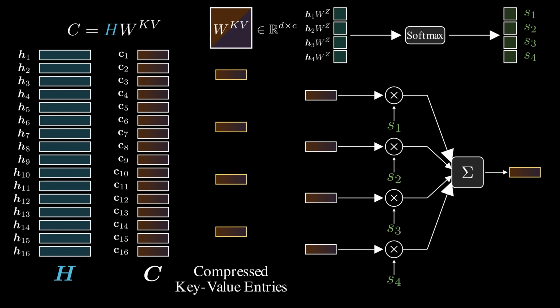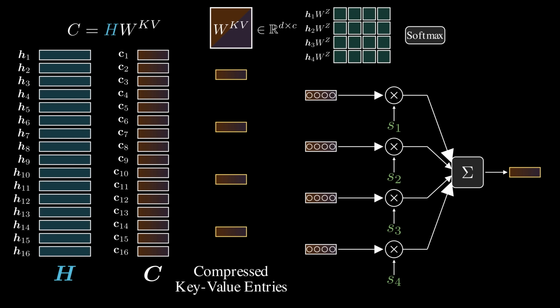But these key value entries are 512-dimensional vectors. Using a single scalar weight means that every dimension of a token's KV vector gets scaled by the same amount. Therefore, we generalize these scalar weights to per-dimension weights.